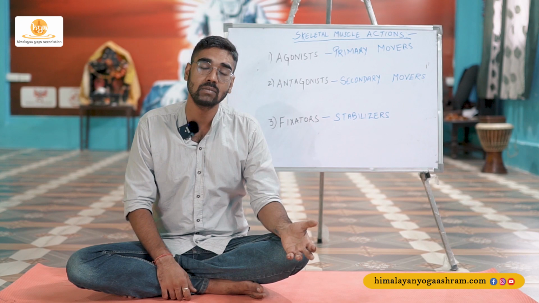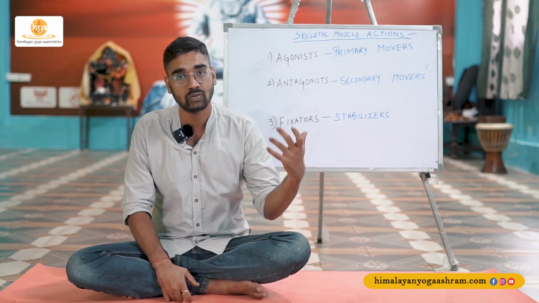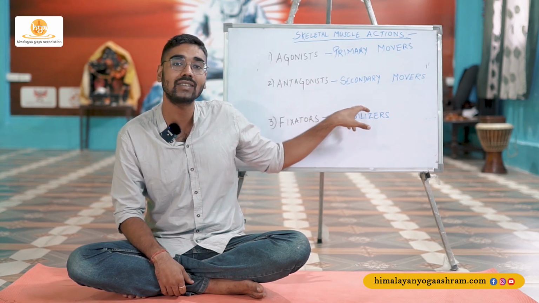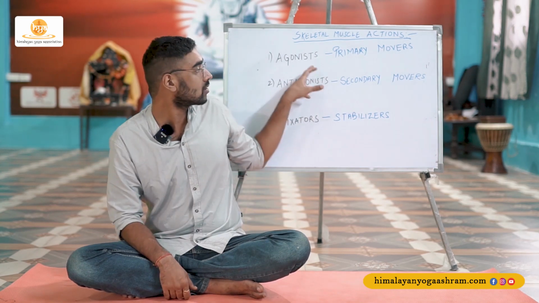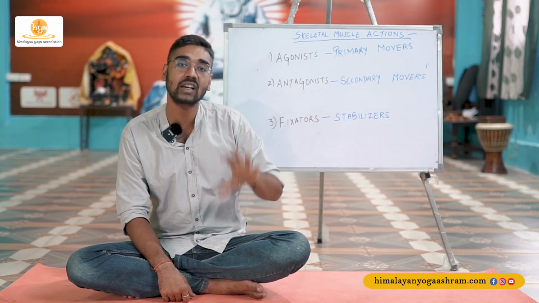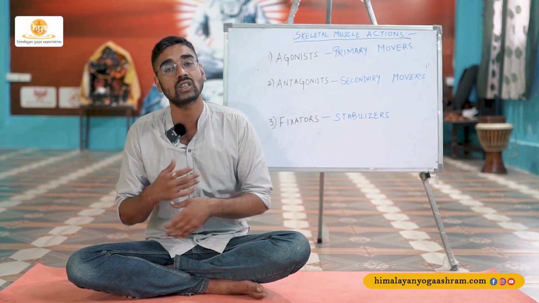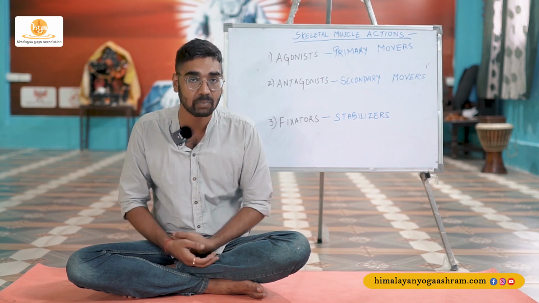At the same time, the opposite muscle which is supporting this function of the agonist is called an antagonist or the secondary mover. These two are mostly mobilizing muscles, or we can also say these are the actions which take place whenever a movement is happening.